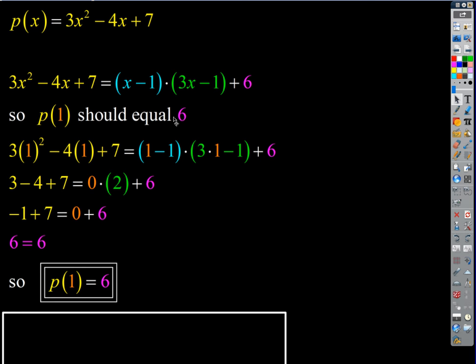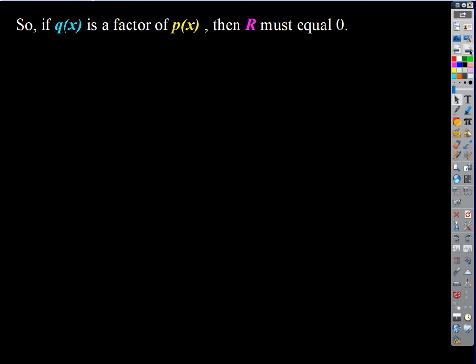All we have to do, if we want to know what the value of p of x is at the zero of this linear factor, it's always going to be whatever we get in the remainder box using synthetic division, right? So that tells us that synthetic division not only acts as synthetic division, it also acts as synthetic substitution, right? Let's look at an example of what I mean.